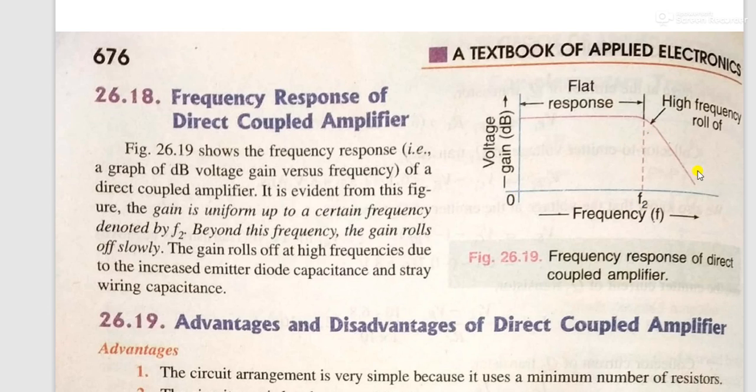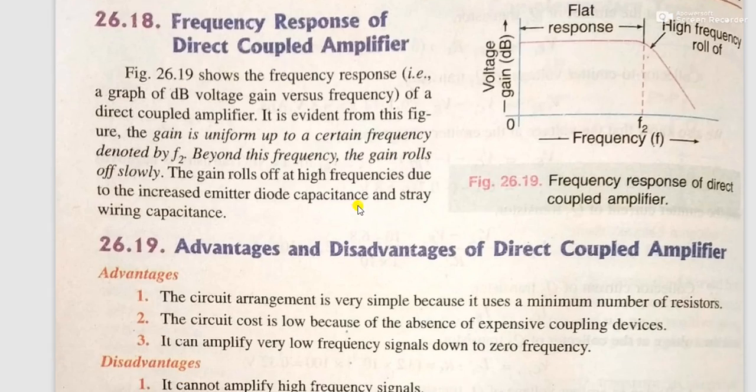Beyond this frequency, there is high frequency roll off. The gain rolls off at higher frequencies due to increased emitter diode capacitance and stray wiring capacitance. But the most interesting thing is that we get a flat response in the initial stages, below this critical frequency F2.